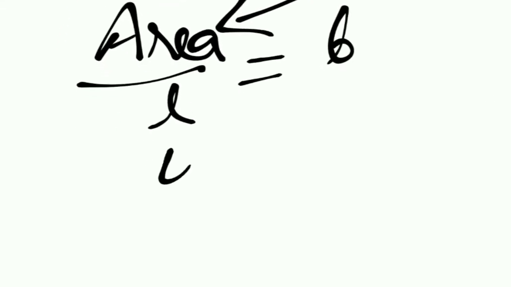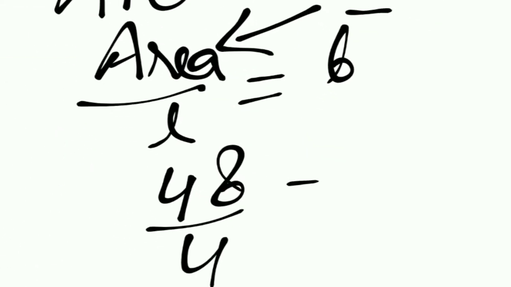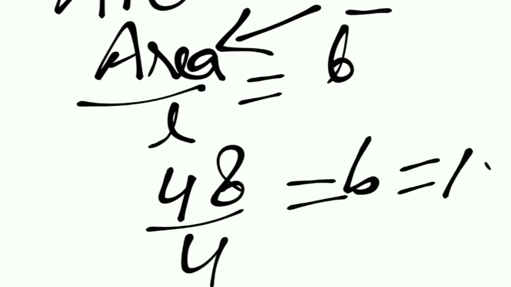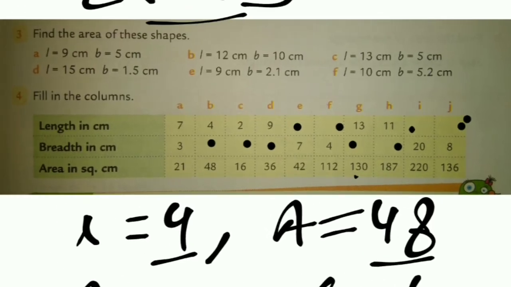So area is 48, length is 4, we get answer 12. Like this we have to solve the remaining questions. Remaining questions we have already discussed in the classroom, so you can do it yourself.